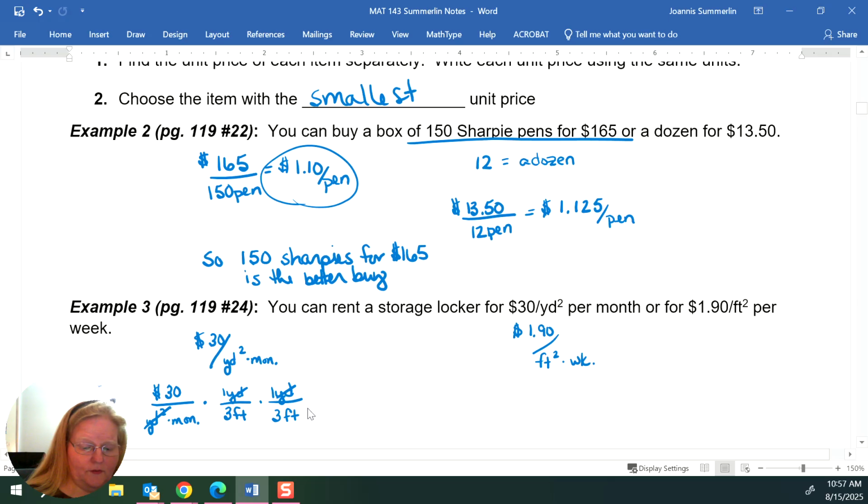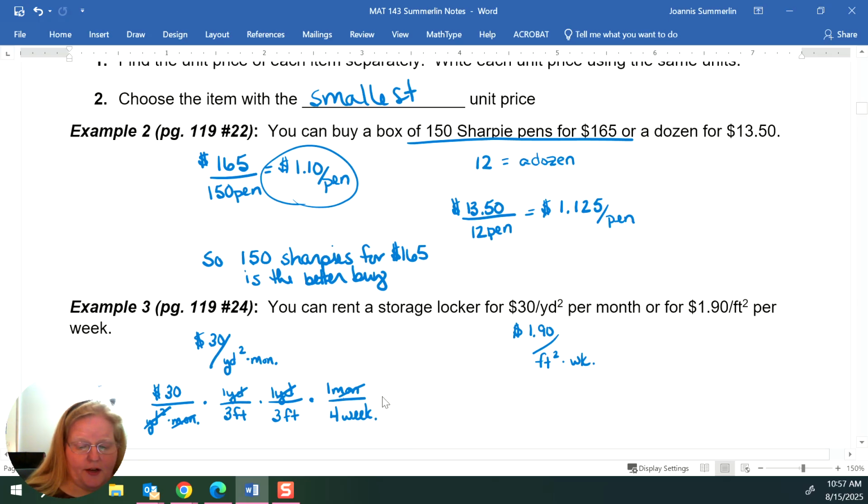So that took care of those 2. And then I need to change my month to weeks. 1 month typically has 4 weeks in it. Typically. Not all the time, but typically. So that'll take care of my months.